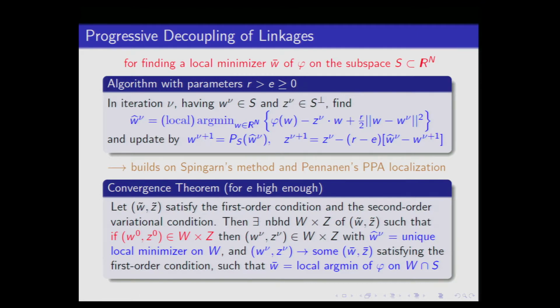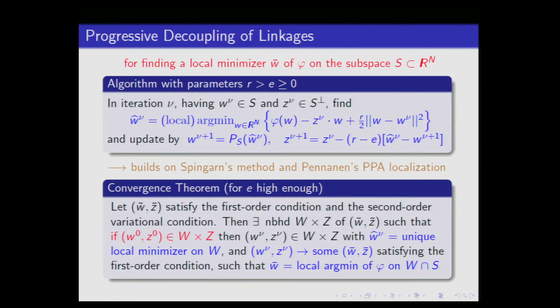So first of all, I'm going to assume that there are some tilde elements that satisfy the first order condition and the second order variational condition, the sufficient condition, at that tilde pair. Then there will be a neighborhood of that tilde pair such that if I initiate the algorithm in that neighborhood, all local algorithms have to be initiated close enough, let's say.